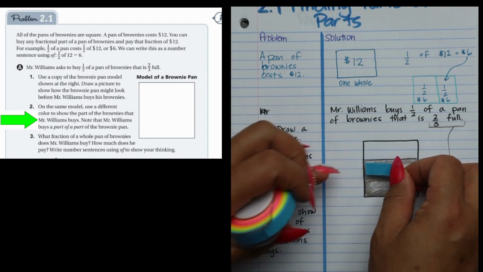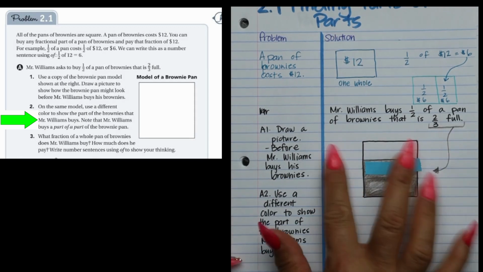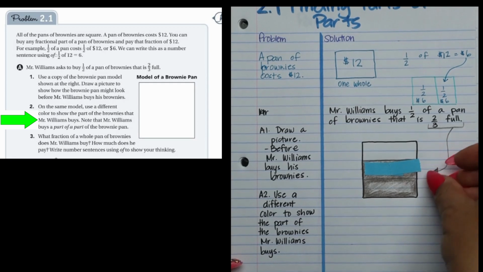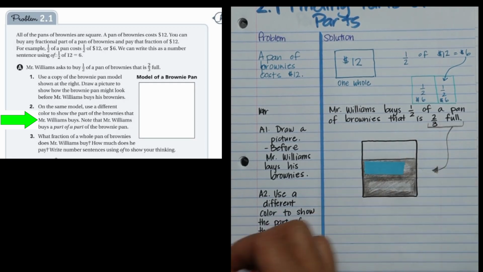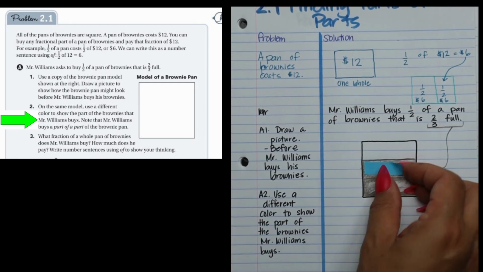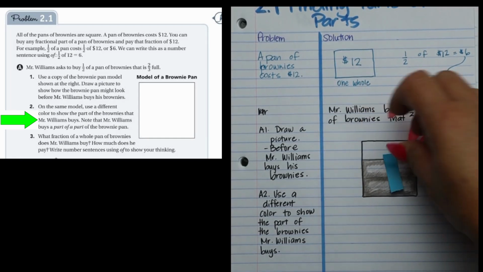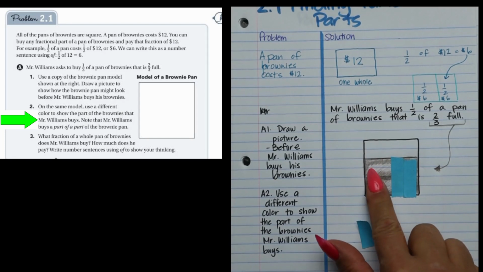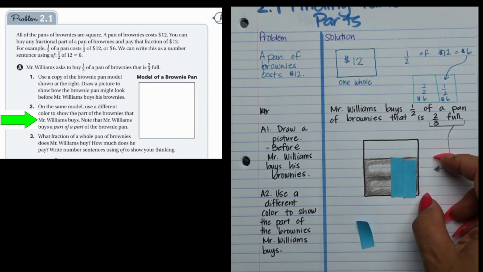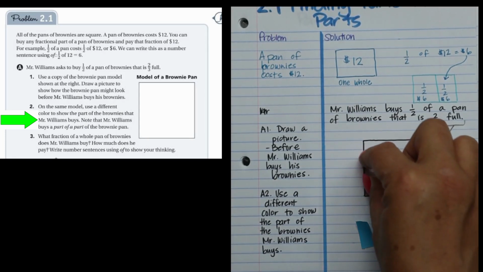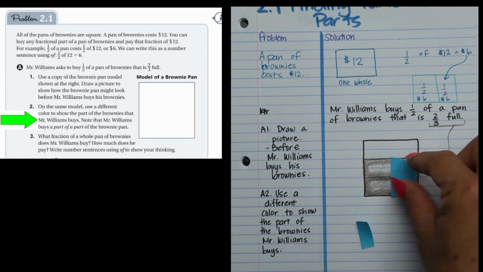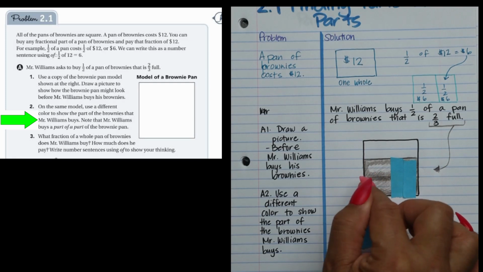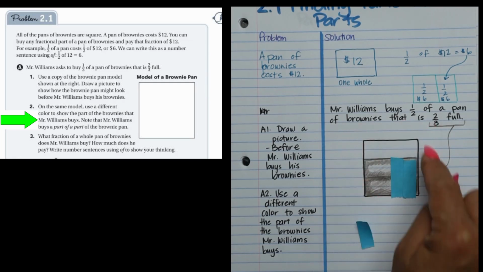He can either take this part, or Mr. Williams can take this part. It's not exactly half, but he can take a horizontal slice or vertical slice this way. Either way, it's half of 2/3 of the whole pan.